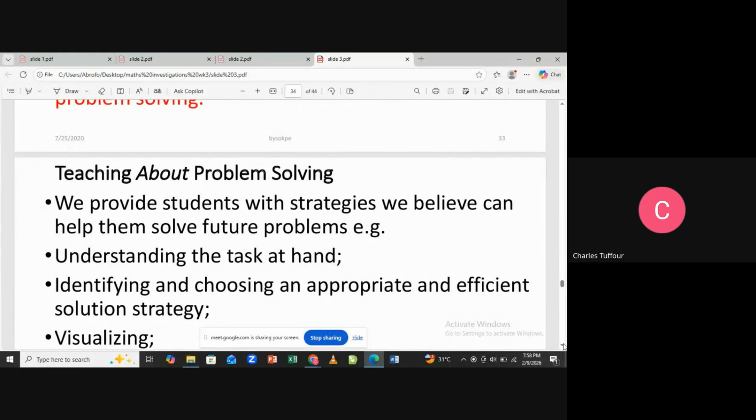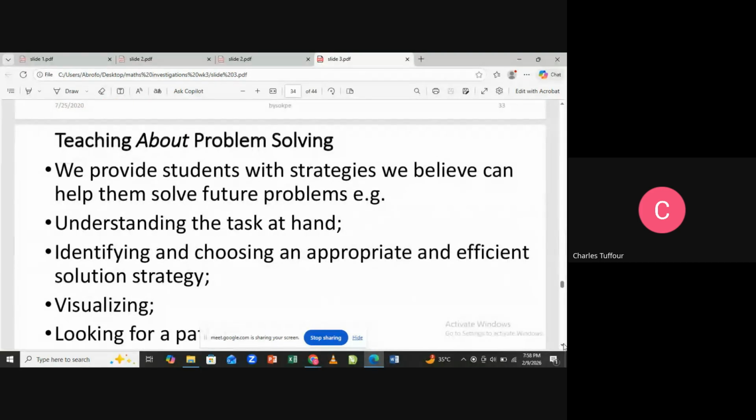We provide students with strategies we believe can help them solve the problem. Remember, it is not a formula that we are giving them. Strategies, the methods, could be the guideline that they are now going to use to deduce their own formula.